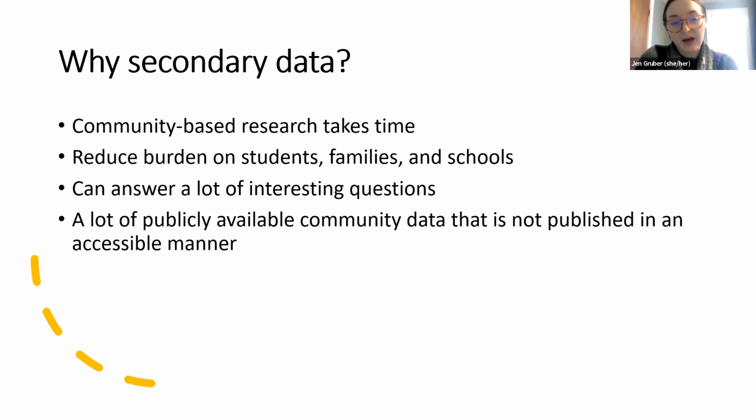Something else I thought of, from some of the publicly available data I've encountered, is that I think there's a push for local cities, governments, and school systems to be more transparent. Part of that is publishing data, but I don't think it's always published in a manner that's incredibly accessible.